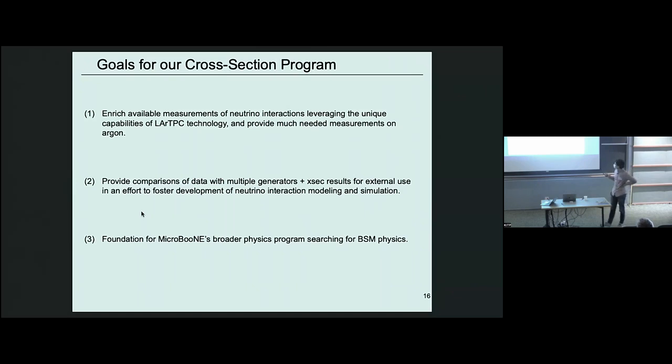When we do so, we try to provide information in a way that is useful to the broader community to both build models and generators and learn from where things might be going wrong in order to improve in the future. And finally, but importantly, these measurements serve a purpose for our own interest. They are a foundation for our broader physics program, searching for beyond the standard model physics, as I mentioned early in the talk.